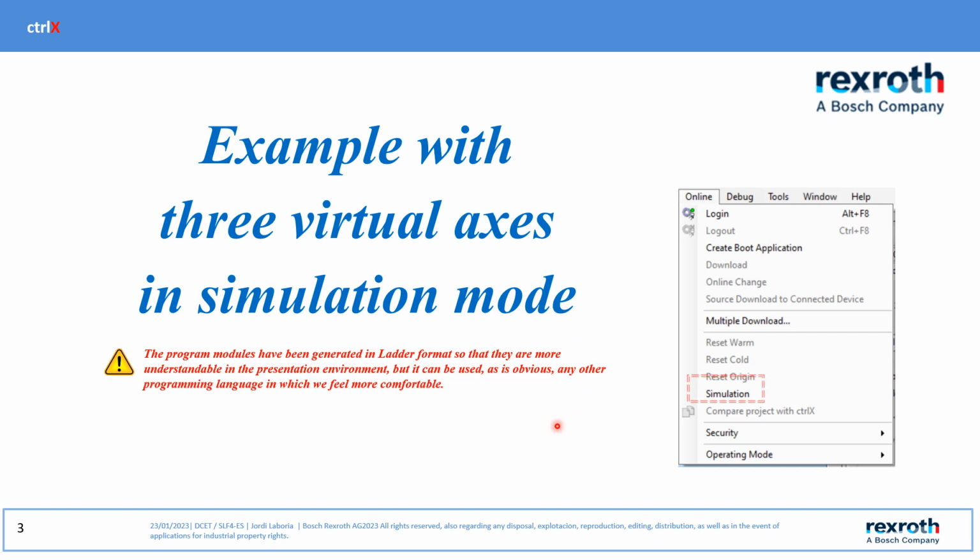All the examples that we are going to see are made in ladder format for a more understandable visualization of the system. Although obviously later each one can use the programming language with which they feel more comfortable.